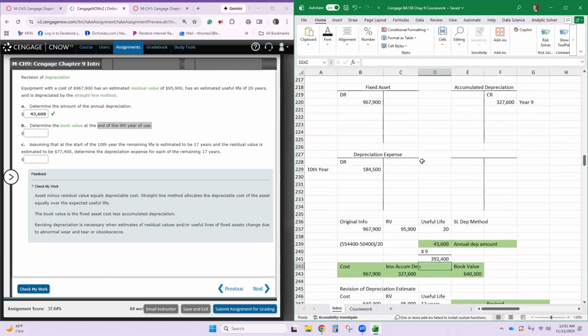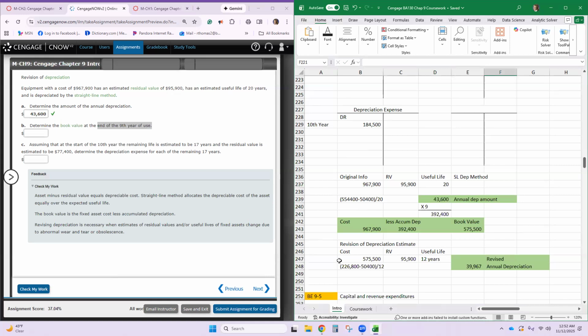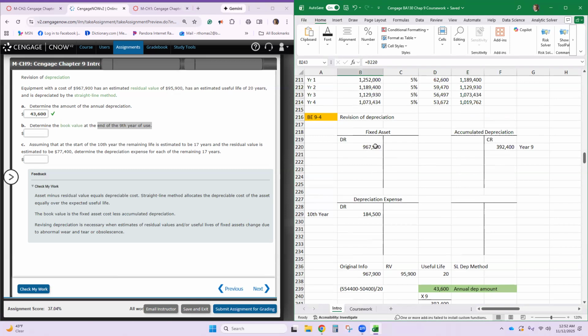The amount of depreciation times 9 equals $392,400, and the book value is the cost minus the accumulated depreciation as of year 9.